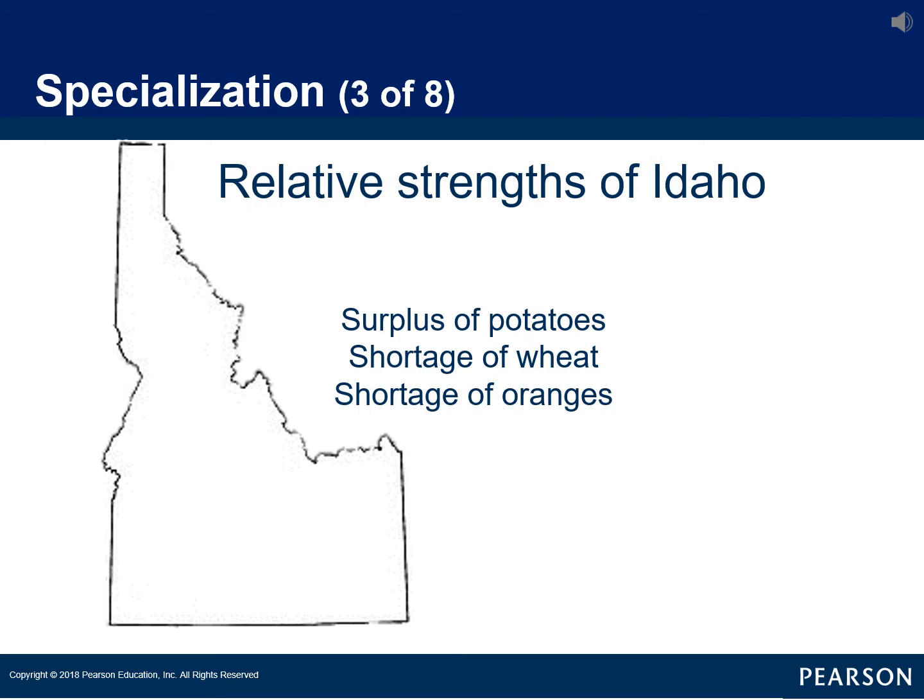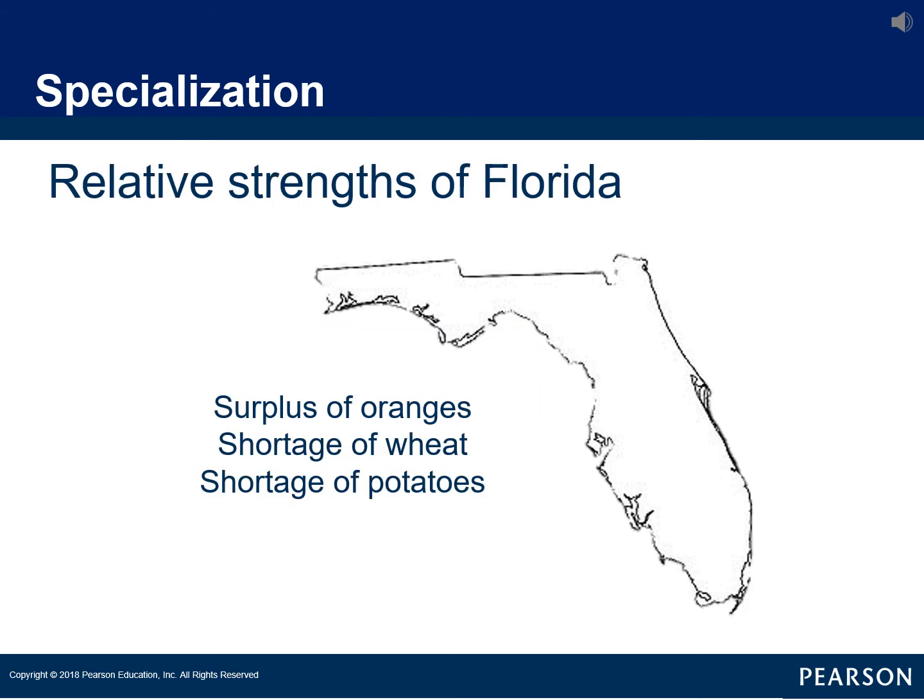Similarly, Idaho is very well suited with their sandy soils to produce lots and lots of potatoes. So they have a surplus of potatoes, but they have a shortage of wheat and a shortage of oranges. Florida, on the other hand, has the correct temperature and the correct soil type to grow lots and lots of oranges. So they have a surplus of oranges, but they have a shortage of wheat and a shortage of potatoes.